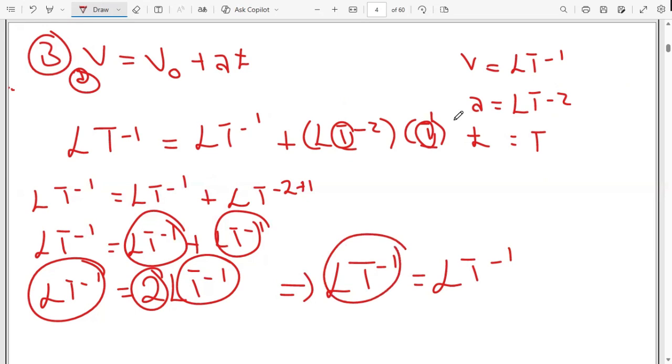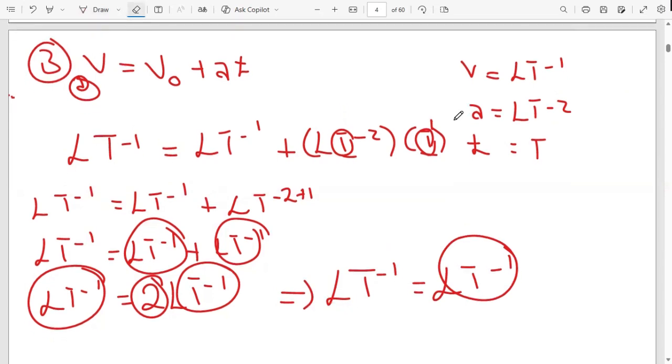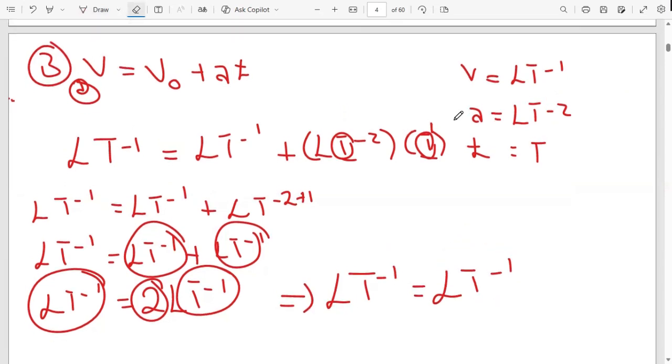The left-hand side is equal to the right-hand side. Therefore, this formula is dimensionally correct. That is how we prove that final velocity is equal to initial velocity plus acceleration multiplied by time is dimensionally correct. Unless anyone has a question.